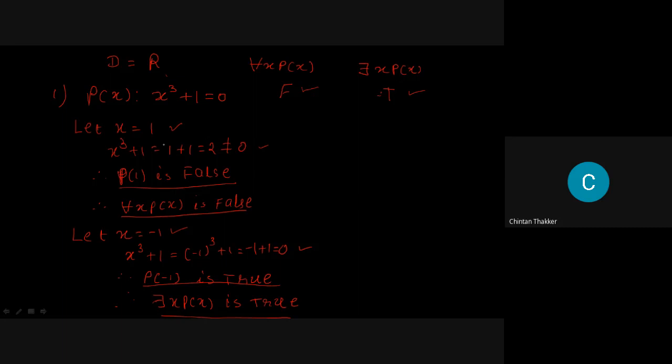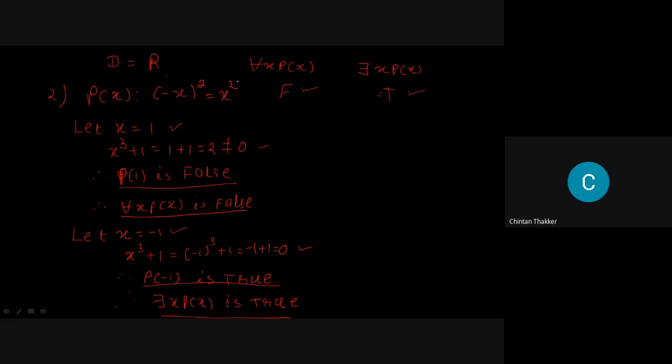Now I am giving another example. Now we have the second: p of x is equal to minus x whole square equal to x square.